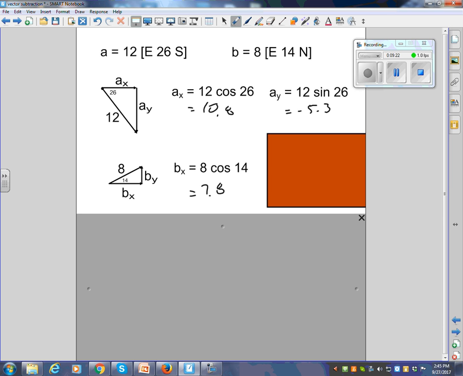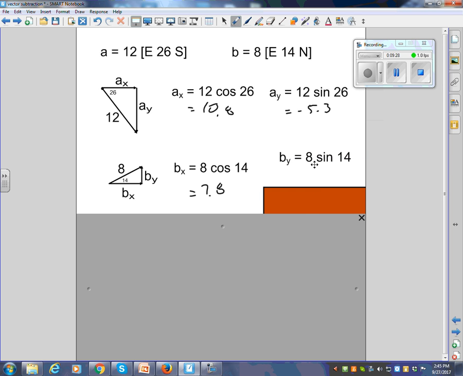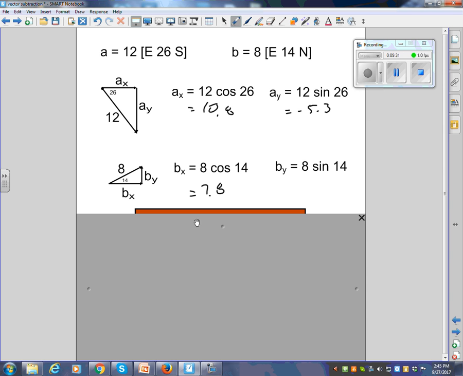If one is cos, the other is automatically sine, right? That I know for sure. So that's going to be By equals 8 sine 14, or 1.9.